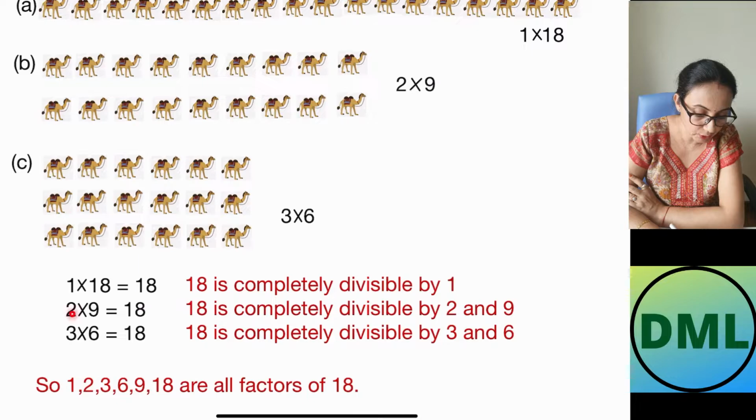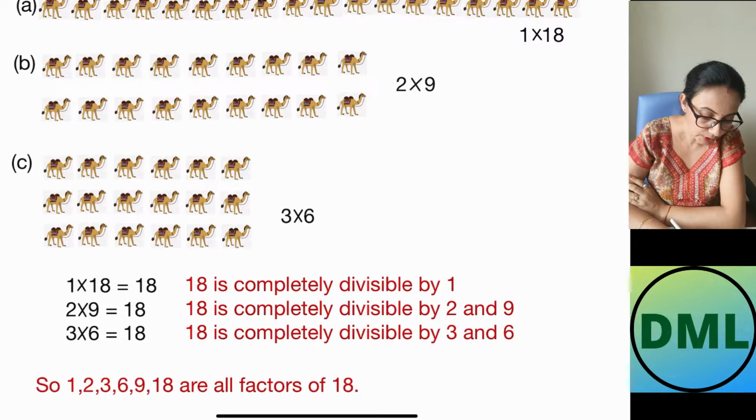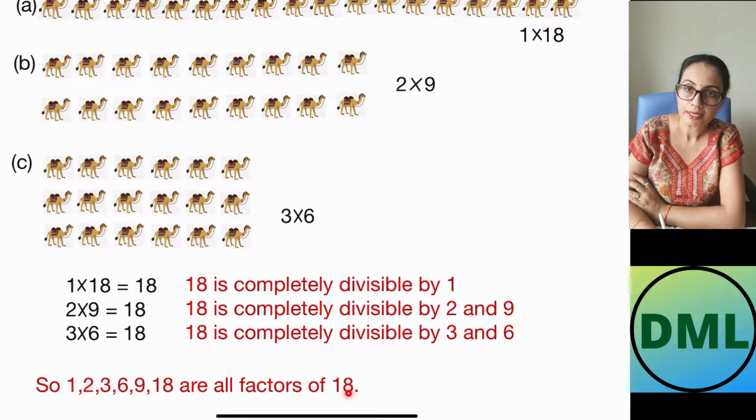If 2 cross 9 is 18, 18 is completely divisible by 2 and 9 both. If 3 cross 6 is 18, 18 is completely divisible by 3 as well as 6. So 1, 2, 3, 6, 9, 18 are all the factors of 18.